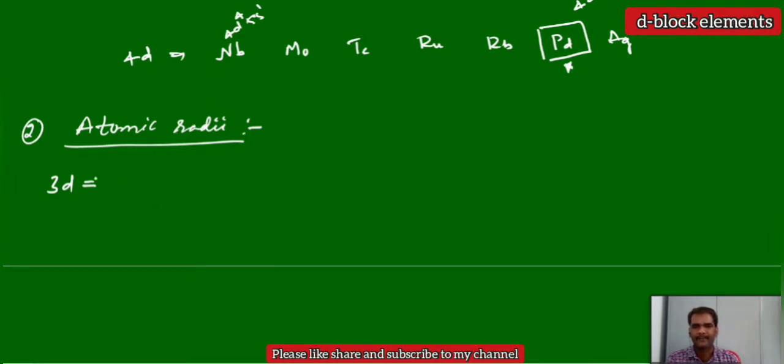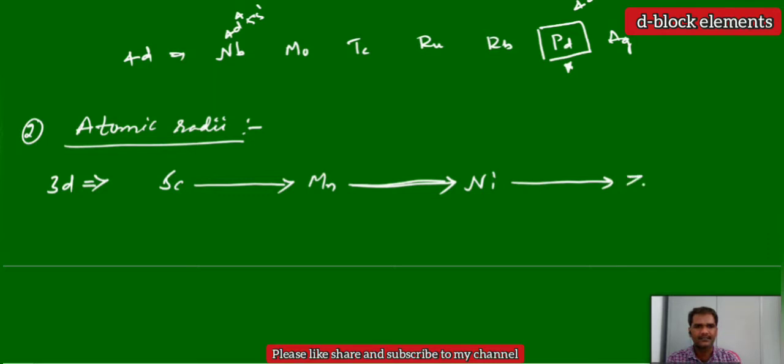First, atomic radii. If you see the 3d series, from scandium to almost manganese you can see one kind of change, then after manganese to nickel another observation, and again from nickel to zinc another observation. From scandium to manganese, the metallic radii decrease, from manganese to nickel it is almost constant, and again from nickel to zinc the metallic radii increase.